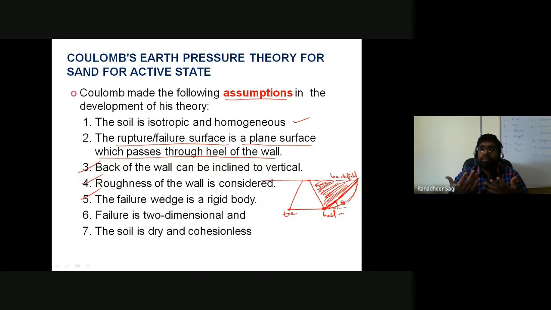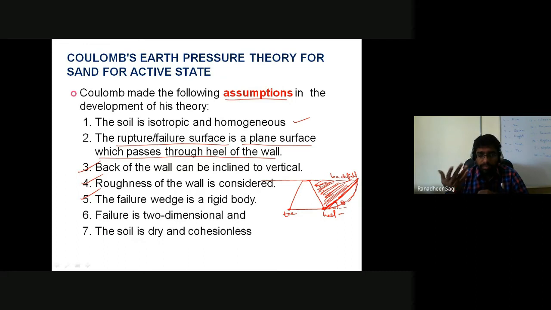What is the maximum pressure being exerted by that soil on the retaining wall, either in the case of active state or in the case of passive state, is what we are interested in. Just before the verge of failure, that's nothing but the limiting equilibrium condition, either in the case of active or passive state, we are going to see how to calculate the so-called active earth pressure or passive earth pressure.